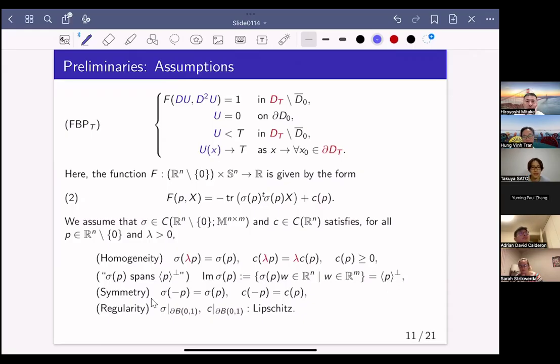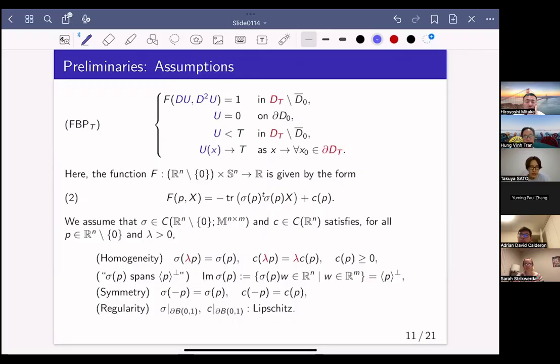And the third condition is about the symmetry at the origin for sigma and c. And the fourth condition is about the Lipschitz continuity for sigma and c. And by the homogeneity condition, we know the regularity for sigma and c in the whole domain.